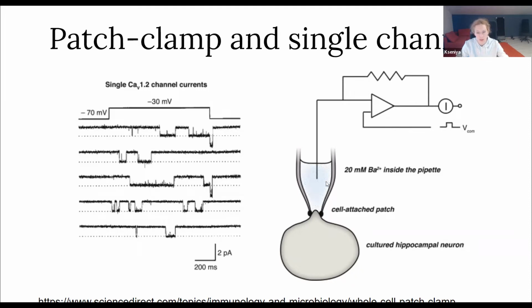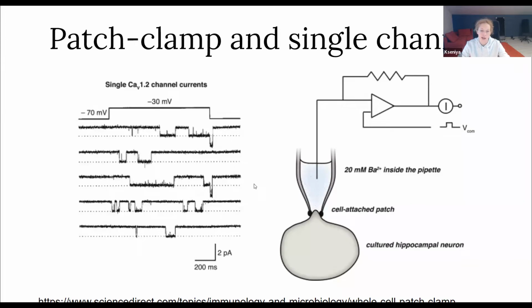Nevertheless, as a result, Neher and Sakmann were able to measure the current through a single channel. On the left side, you can see the picture of currents. There is also a kind of quantization. You can see current through one channel or through two channels, and so on.